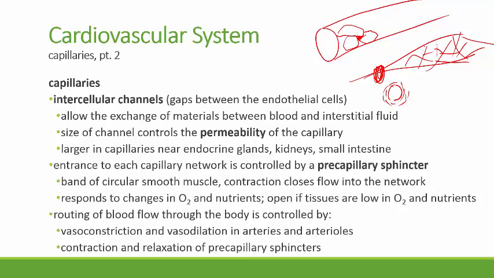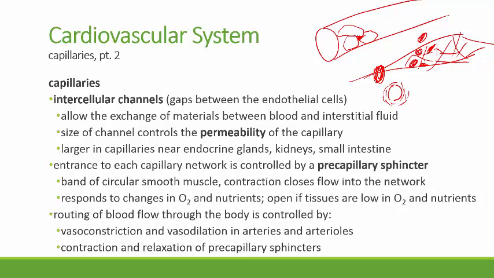So if here in the tissues, so we've got cells around here, if amongst all these cells, the interstitial tissue is really low in oxygen or in important nutrients for energy, then the precapillary sphincter will open, allowing blood to come into the network, bringing with it, hopefully, some oxygen and some nutrition, some food that the tissue cells around that precapillary sphincter can use as an energy supply.